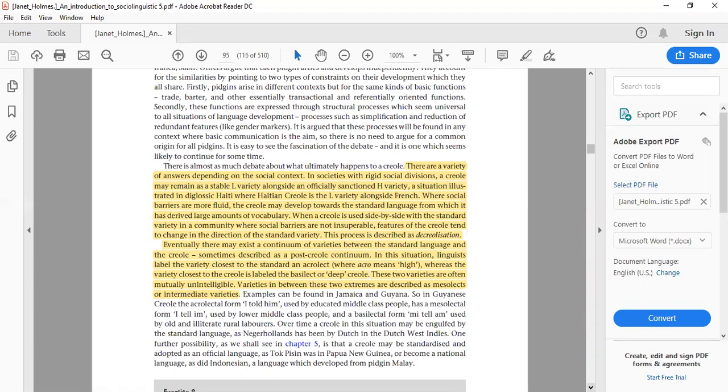Or if it is not the case of both, though there is similarity with both varieties, then we call it mesolect, or the intermediate variety. Are you clear, or should I give you examples? Are you clear about acrolect, basilect, and mesolect? Is it clear?